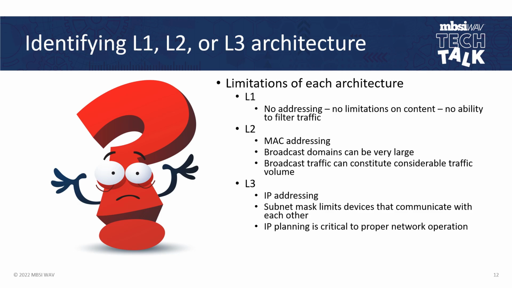But IP planning is critical to proper network operations, and it's quite easy to misstep with an IP plan. Anyway, we're going to talk more about layer 2 broadcast domains and how we filter them to make them manageable in size in the next session.